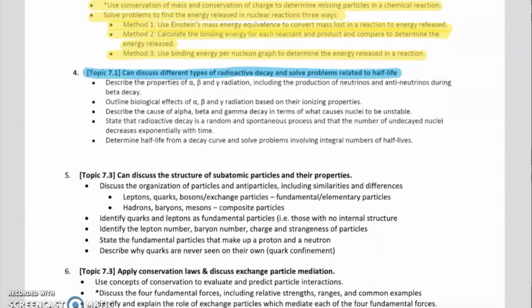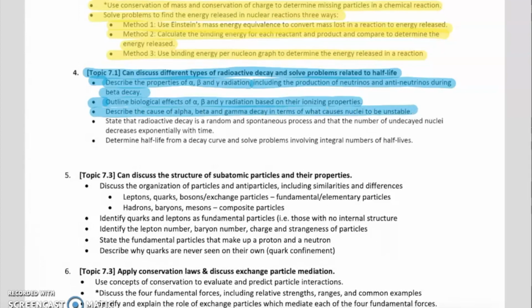Okay, so to wrap up today's lecture, we have talked about the properties of alpha, beta, and gamma radiation, including those neutrinos and antineutrinos that come along for the ride with beta decay. We've talked about the biological effects, what it can do to your body, and the ionizing properties. We've talked about the cause of this decay, being trying to get to more stable nuclei.